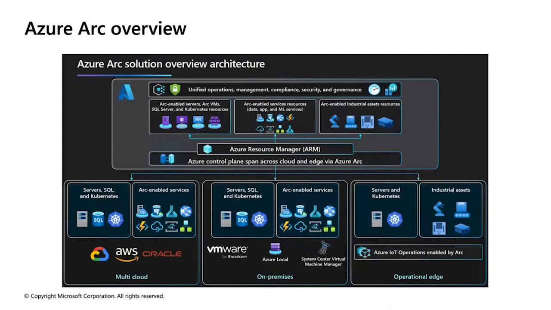All these on-prem or hypervisor-based environments, or any Hyper-V based environment, we can bring into this Azure Arc, including operational edge, industrial assets, servers and Kubernetes, in a centralized place for centralized management, where we get unified operations, management, monitoring, security, compliance, governance, everything in a centralized plane.